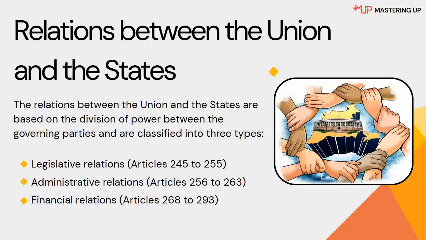Administrative relations are designed to promote cooperation, coordination, and effective governance. Financial relations, Article 268 to 293 of the Indian Constitution. These relations define how financial resources are raised, shared, and used by both levels of government.